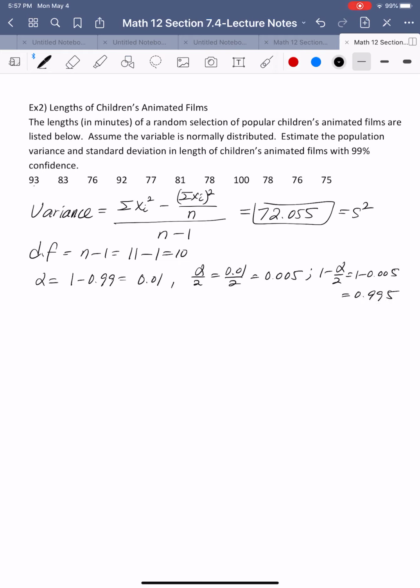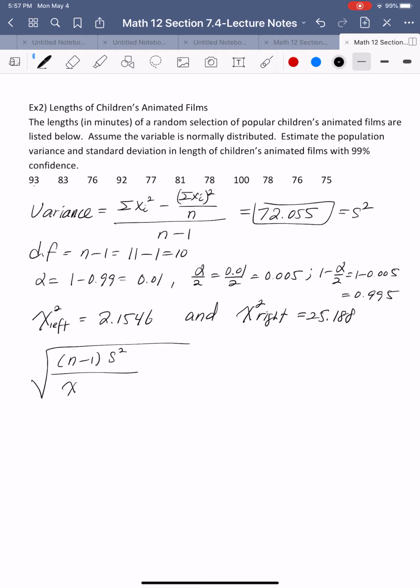Then chi square left, using the table, I get 2.1546, and chi square right is 25.188.